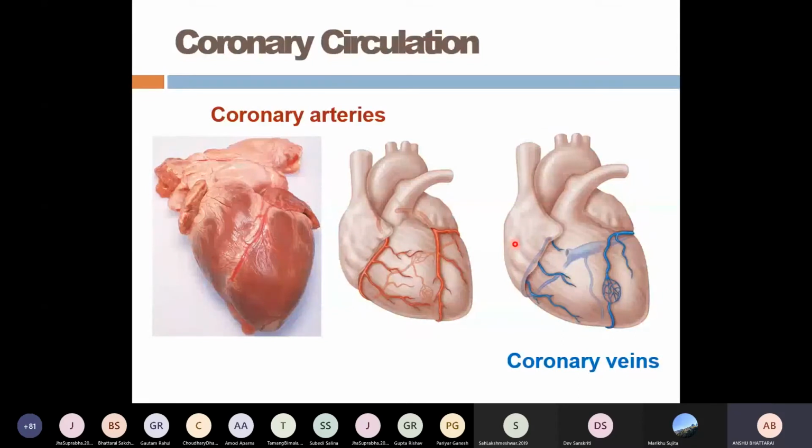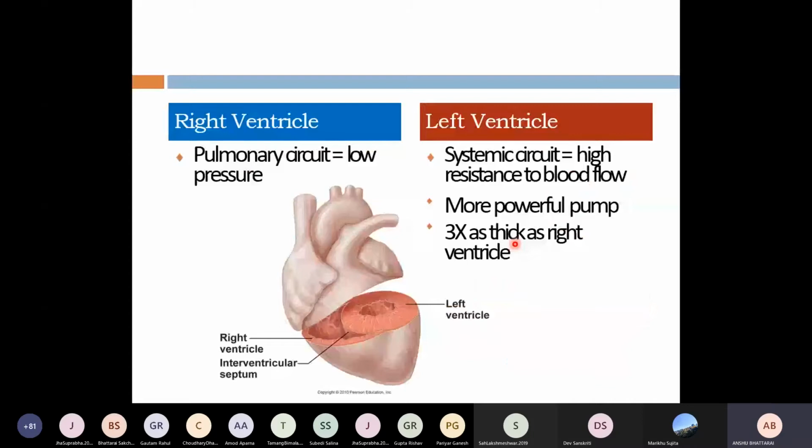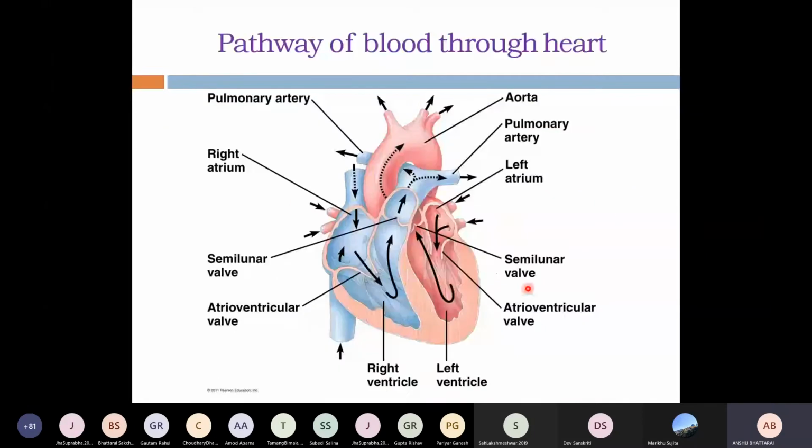Now, what you also have to remember is what these valves are made of. We talked about the valves and their functions. These valves are made up of a core of fibrous tissue. They consist of loose connective tissue and endothelial cells, and they have cusps or leaflets, which are normally avascular.